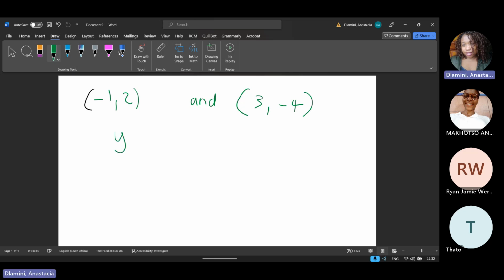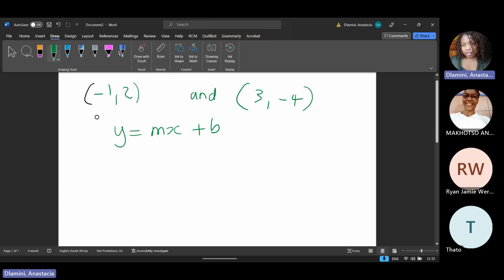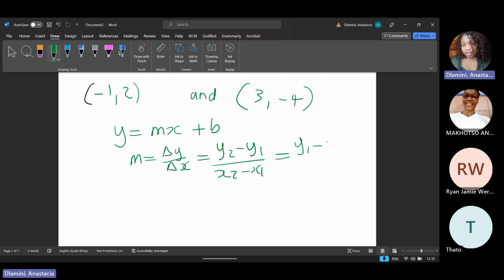What is our equation? Our equation is given by y equals mx plus b. So the first thing is to find m, which is the gradient. So this means m is given by change in y over change in x, which is y2 minus y1 over x2 minus x1, or it can be y1 minus y2 over x1 minus x2.